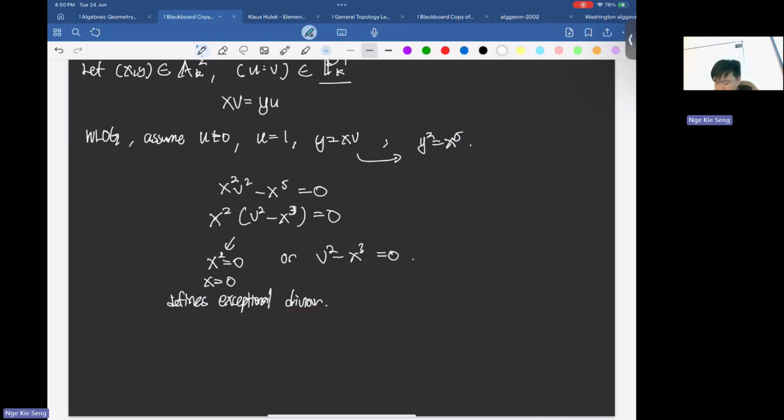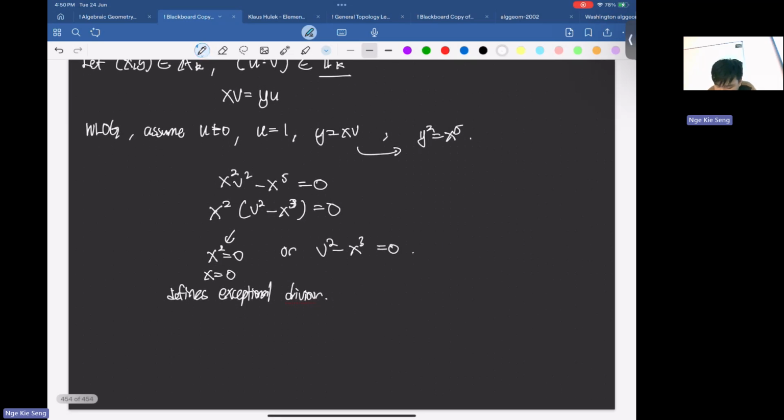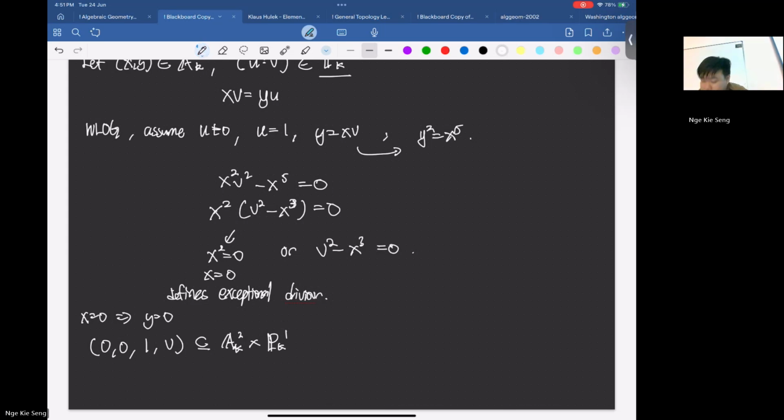Actually, you can see that if you substitute x equals 0, then y equals 0 as well. So your coordinate is like this: (1, v), inside A^2 times P^1.